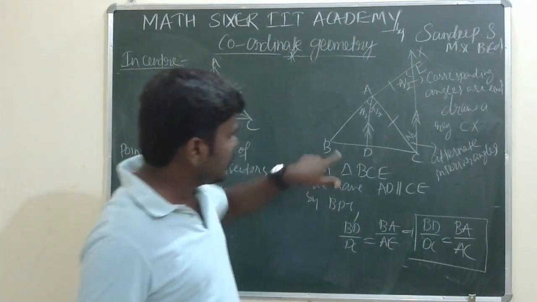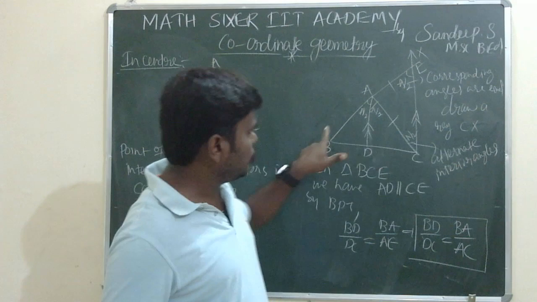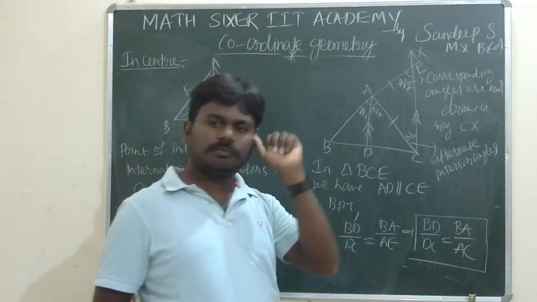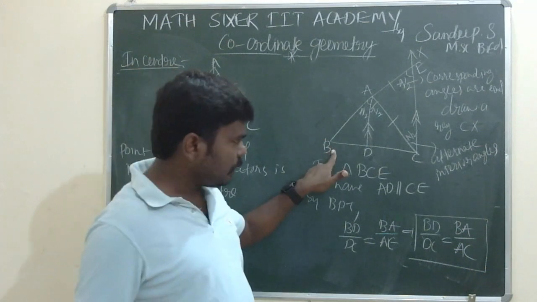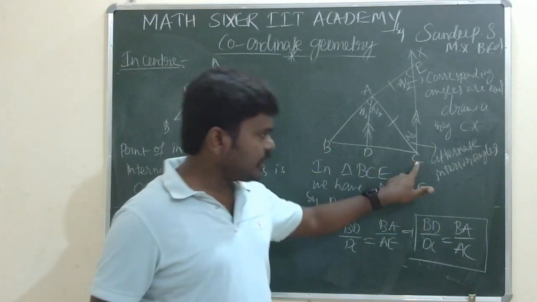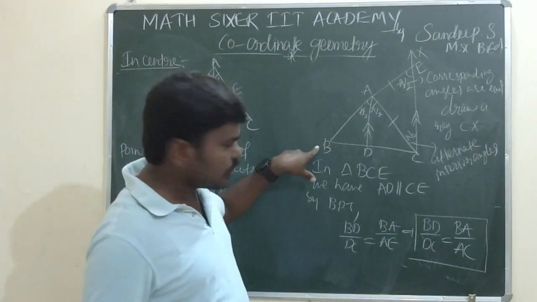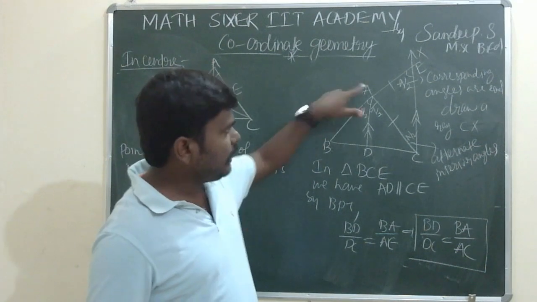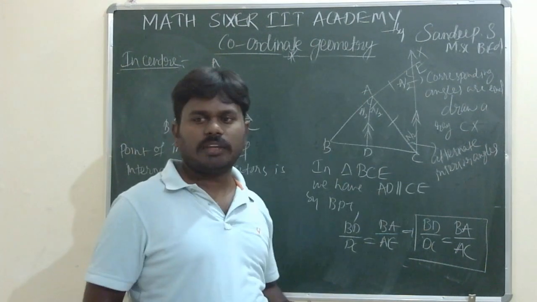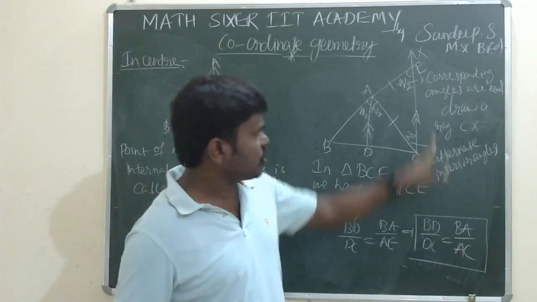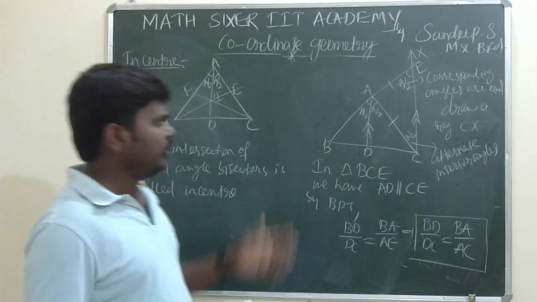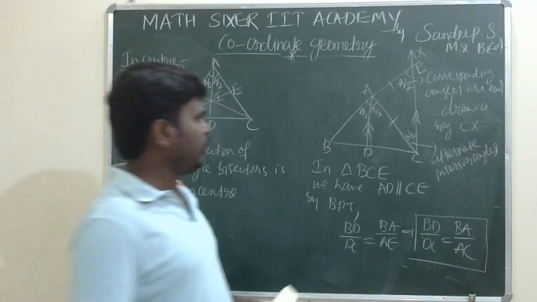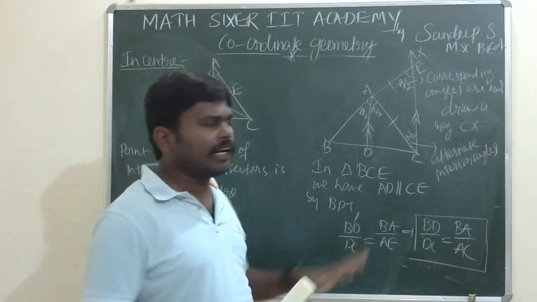That means BD by DC is equal to BA by AC. Here order is very important: starting with B, BD by DC is equal to BA by AC. You cannot write BD by DC is equal to CA by AB; this is wrong. So with proof I have explained, hope you understood.